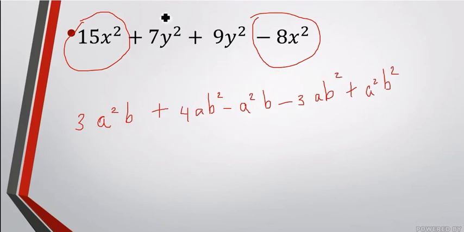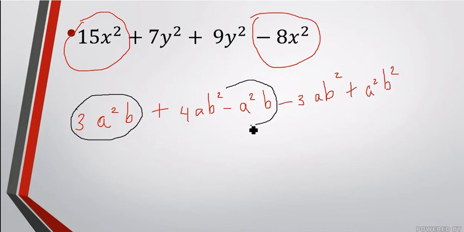Let's look at another example. So if I have 3a squared b plus 4ab squared minus a squared b minus 3ab squared plus a squared b squared. How are we going to add or subtract the sum? The first thing we're going to do is group the like terms. So as I can see, I have a squared b term here.